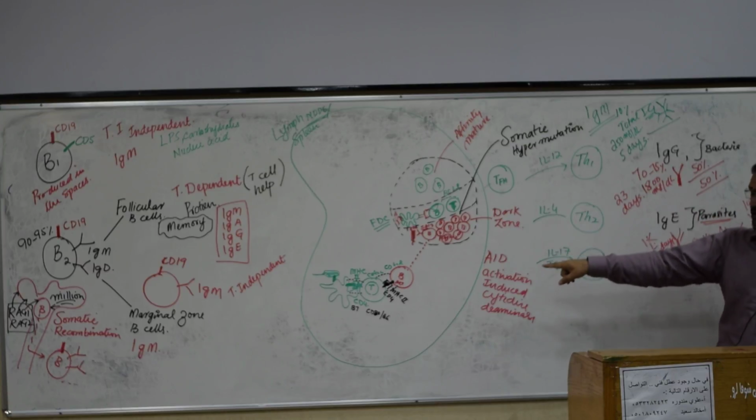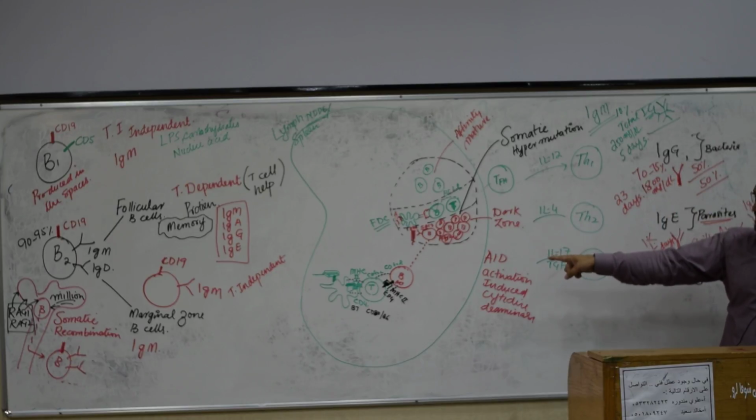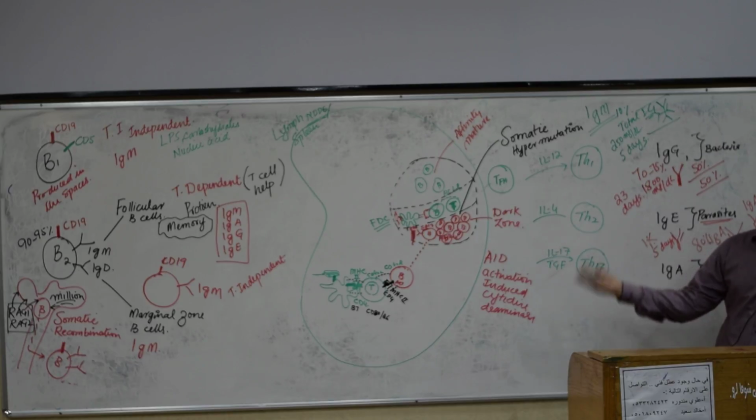So in hyper IgM syndrome, the word tells you hyper means more, IgM means more IgM, and because of that there is a syndrome. Why is there more IgM? The B cells or the body wants you to produce IgE or IgA, but when there is no CD40 ligand interaction, there will never be class switch.